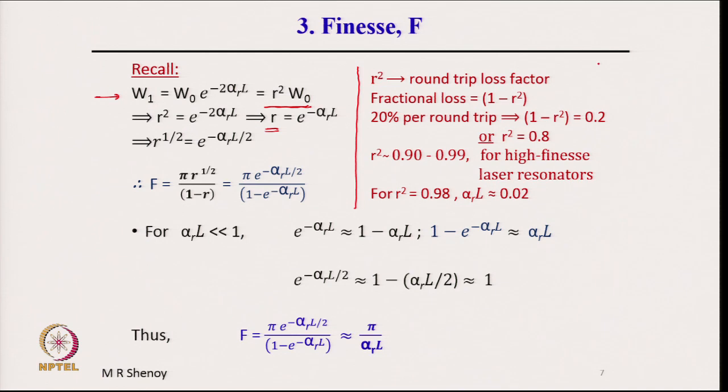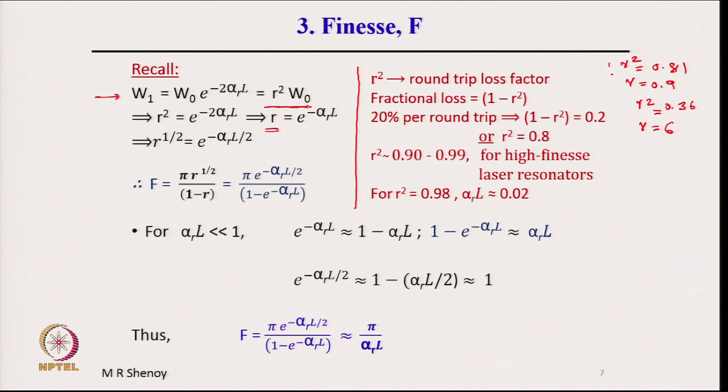Round trip loss factor: if you remember, we had taken examples such as r square equal to 0.81, so that r could be 0.9. I had also taken an example with r square equal to 0.36, which implies 64% loss, and r equal to 0.6.